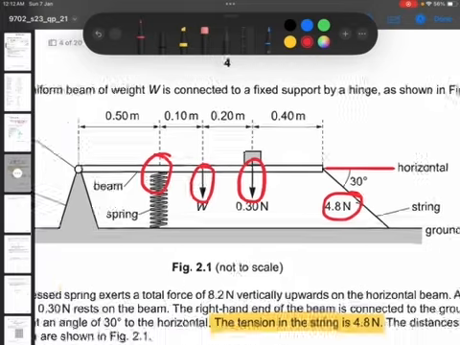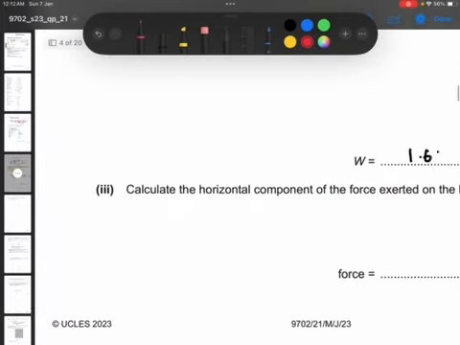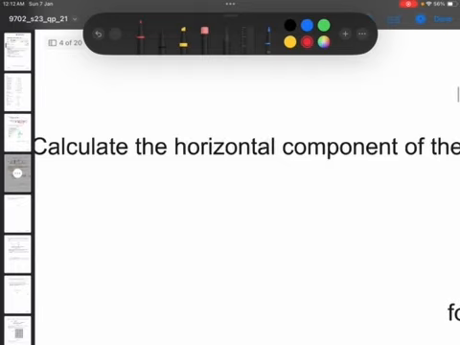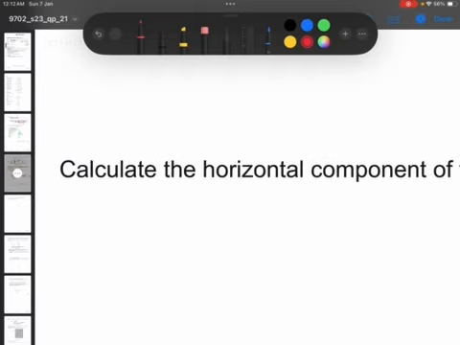So to round this up now, we will say the force acting on the beam by the hinge, since the beam is in equilibrium, the force acting on the hinge by the beam, obviously, let's call it A, minus the force acting on the beam by the component of the tension that is horizontal.